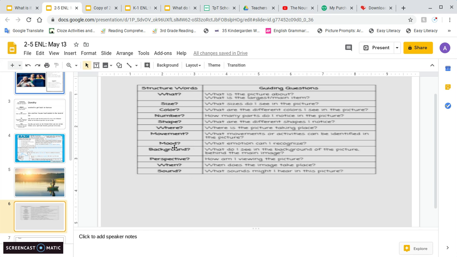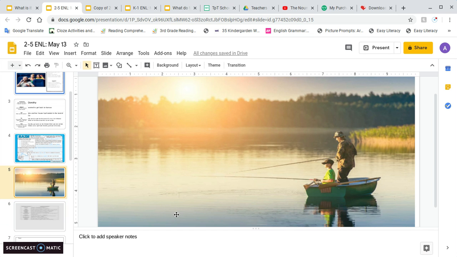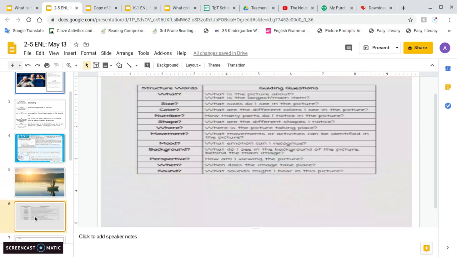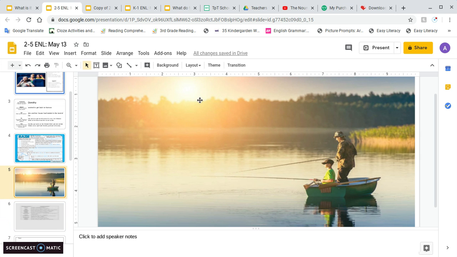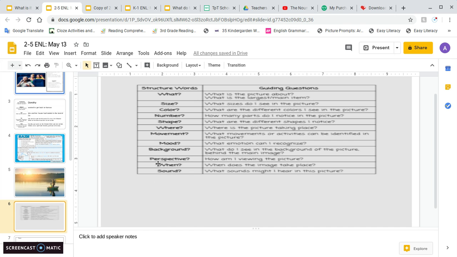Okay. What's the mood? What emotion do you get from this picture? I get happy or calm. I don't feel like there's any negative things going on in this picture. And then background, what do you see in the background? Okay, in the background, I see the sun is coming up. So I'm assuming it's morning time. And then we didn't do a perspective.